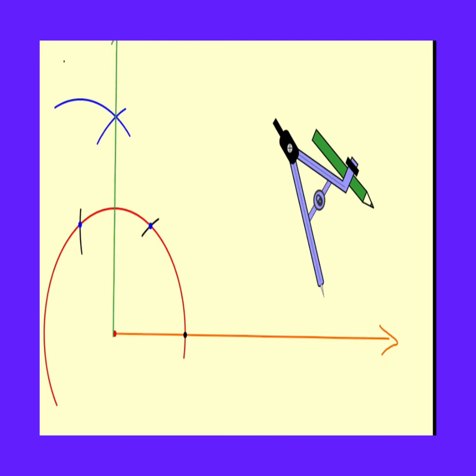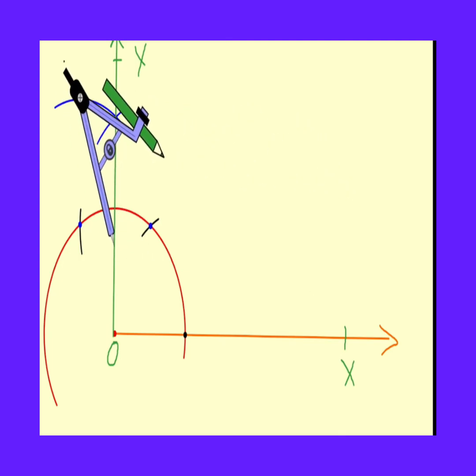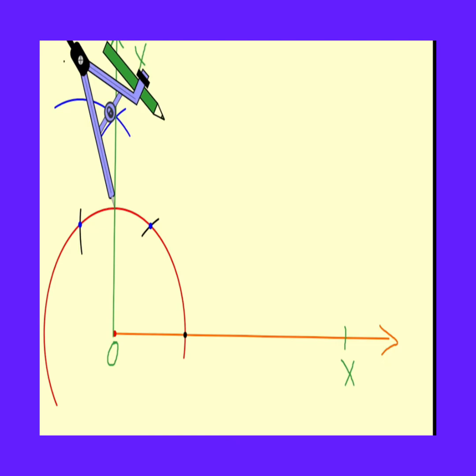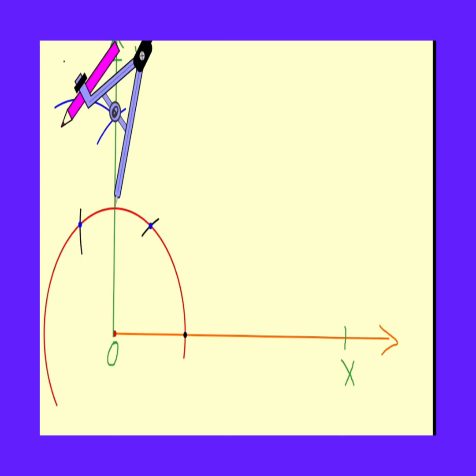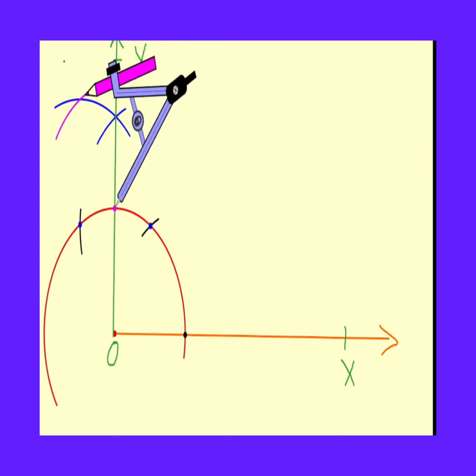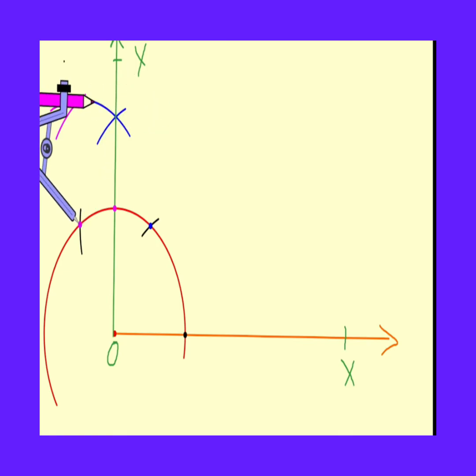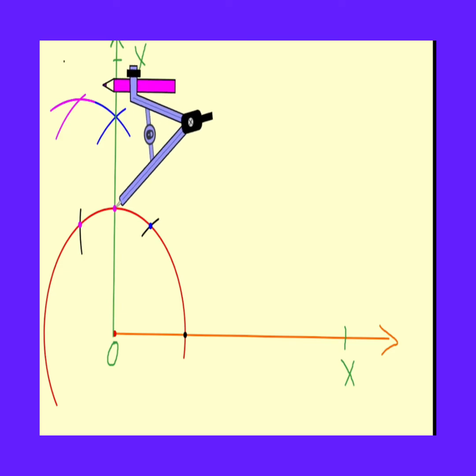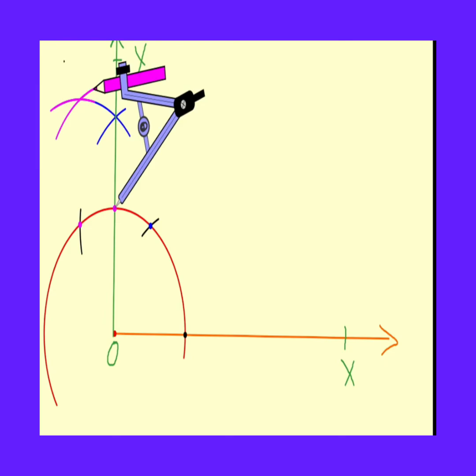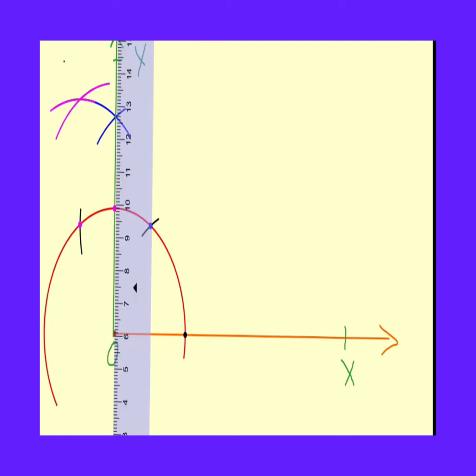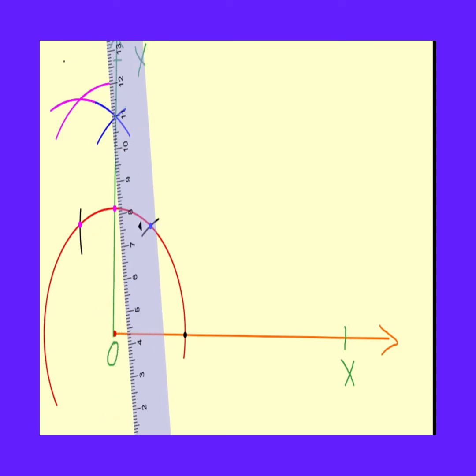You will get, let us say, this is the ray OX and this one is Y. So you will get angle 90 degree, and if you place the pointer of the compass at the intersection point and then mark two arcs as you see, one and then two, then this intersection point will construct angle 75 degree.